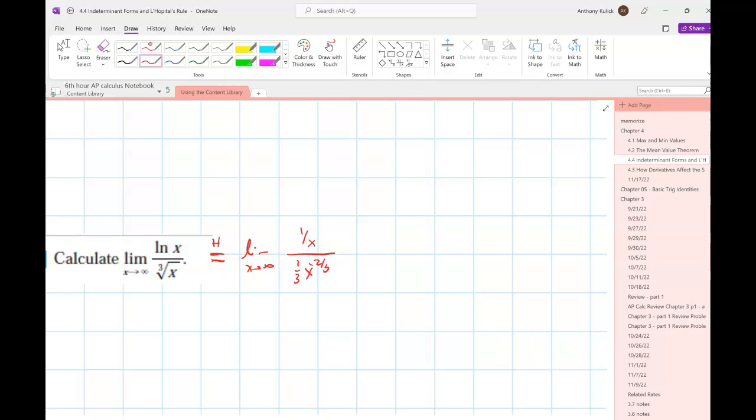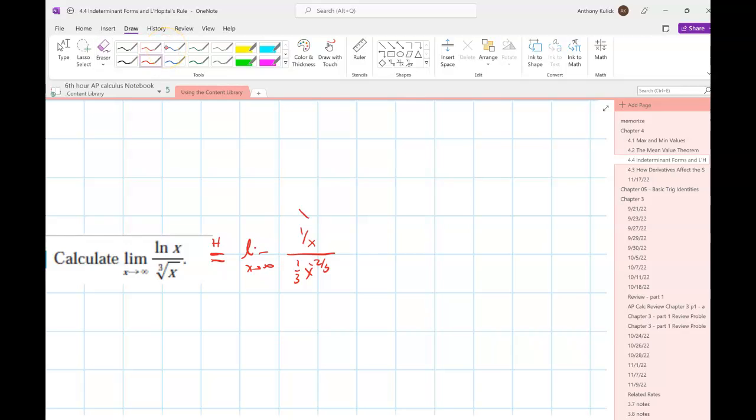Okay. What do I do now? Let's simplify this, right? We just have two different kinds of x's.